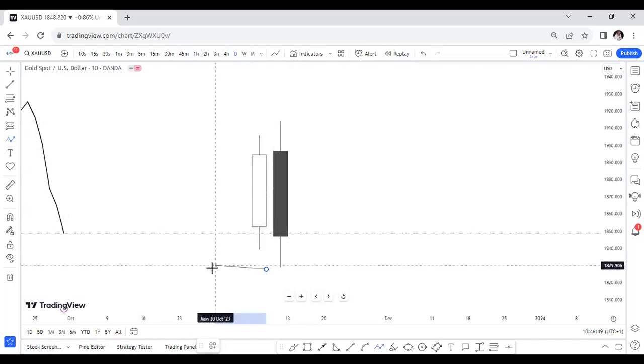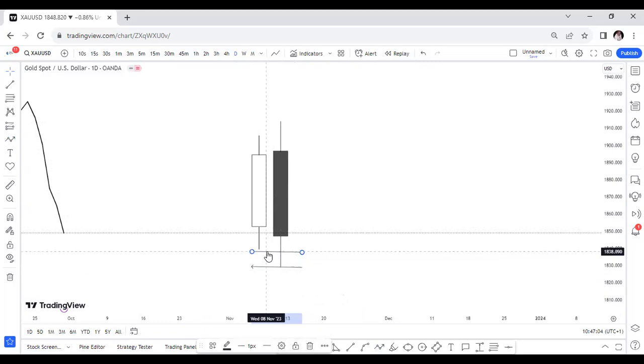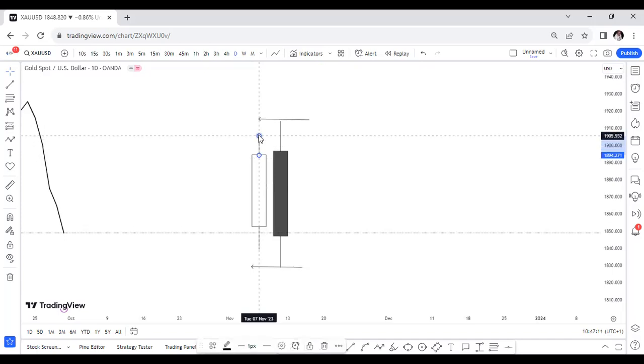As long as the body has been totally covered up by this body, that's engulfing for you. So it could be that the wick may go up or be contained within the entire range of this. As long as the body does not go outside the full range of this guy, it's a cover-up.